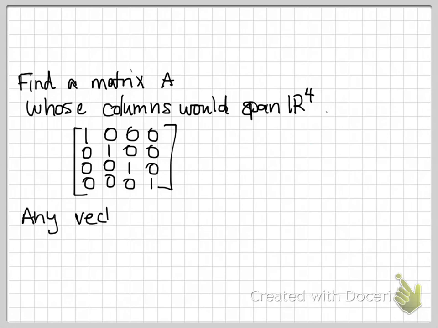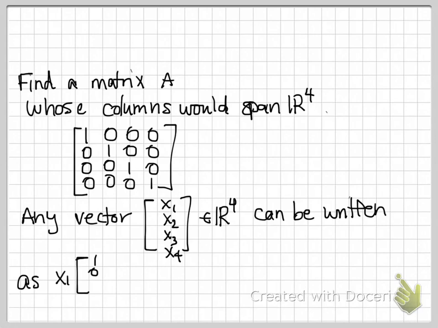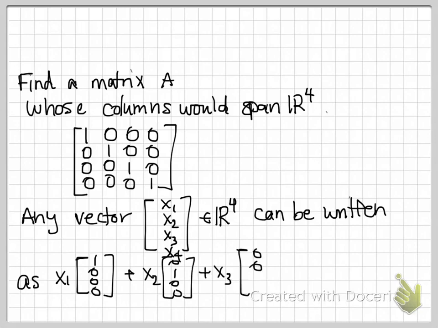Any vector x1, x2, x3, x4 in R4 can be written as x1 times 1, 0, 0, 0 plus x2 times 0, 1, 0, 0 plus x3 times 0, 0, 1, 0 plus x4 times 0, 0, 0, 1.